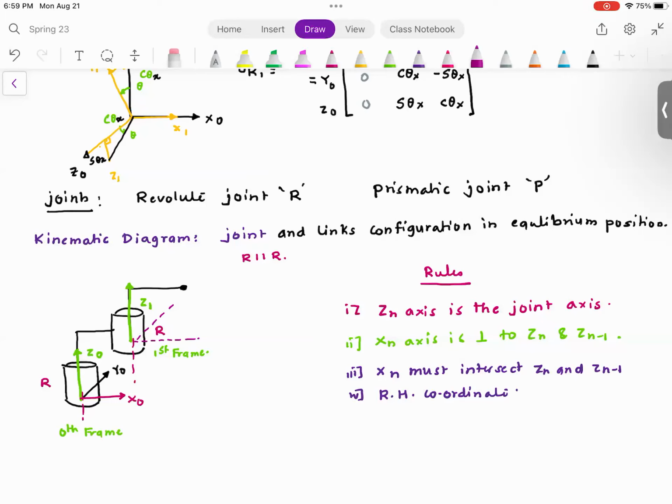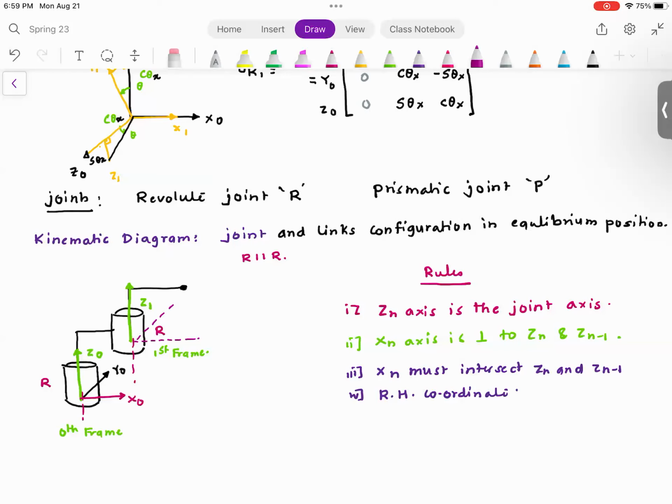Now let's look at the rules. Xn has to be perpendicular to Zn and Zn minus 1. So can I draw Xn in this direction? Yes. Although we can, we shouldn't. Very good. I want you to think about this problem a little bit.